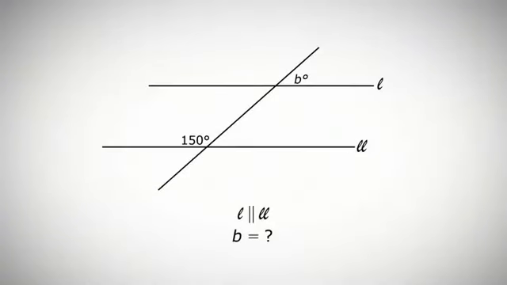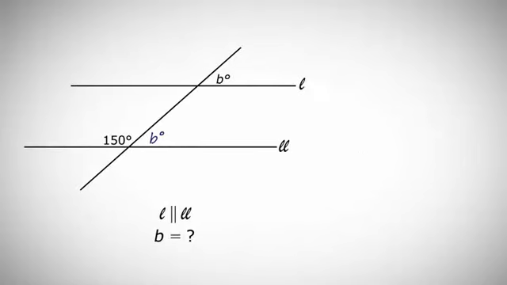In our figure, we have two parallel lines, line 1 and line 2, that are intersected by a third line, creating angle B and 150 degrees. The question asks us, what does B equal? Because the intersecting line creates two sets of equivalent angles, angle B is the same angle as the angle that is adjacent to 150 degrees.